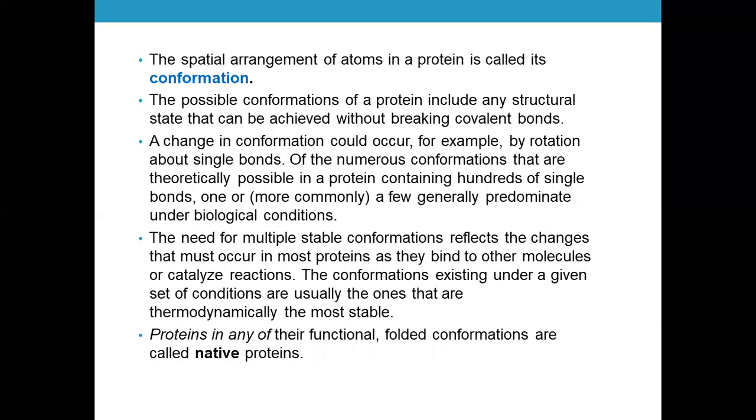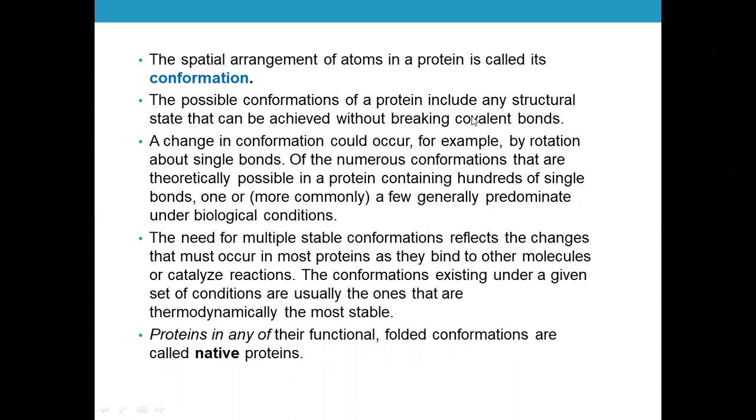So there is what we call the spatial arrangement of atoms. In a protein, you call this a conformation. So the possible conformations of a protein may include a structural state that can be achieved without breaking of covalent bonds.